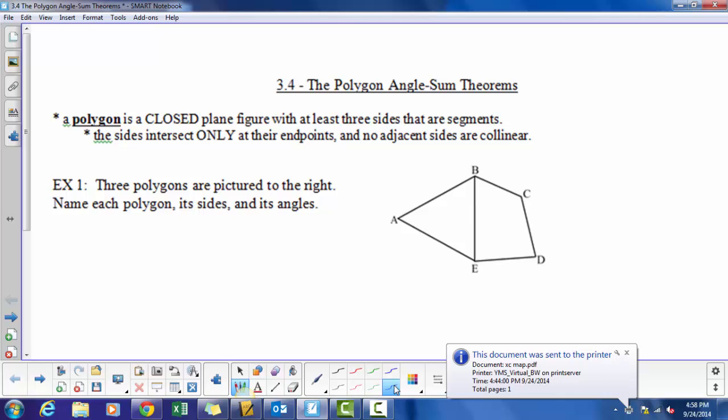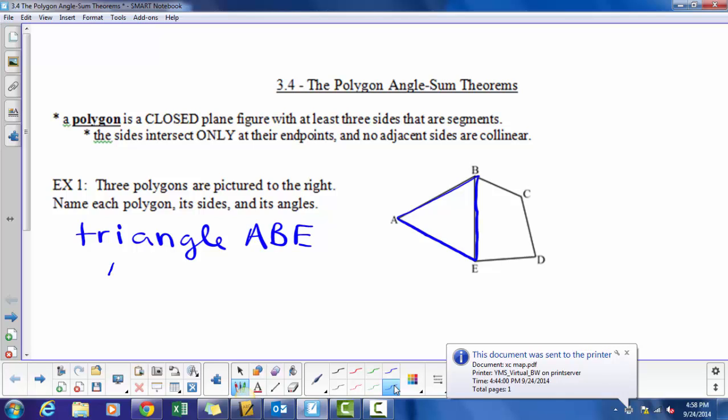Example number 1 has 3 polygons in the picture to the right. Name each polygon, its sides, and its angles. So our first polygon to the right is a triangle, and it's triangle ABE.